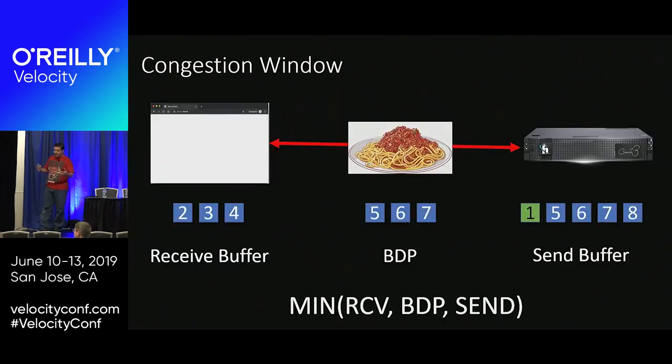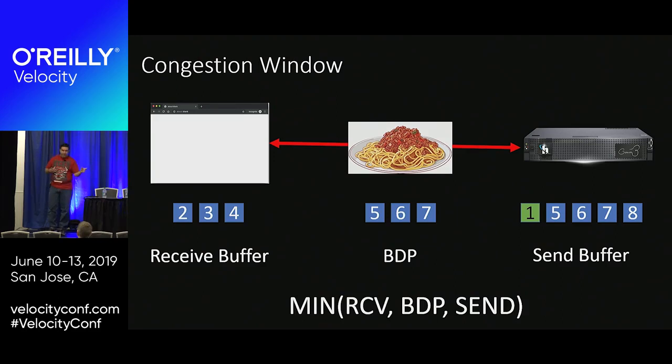And so for a given TCP connection, the congestion window, which is how much data either side can have in flight at any given time, ends up largely being the minimum of the receive buffer, the send buffer, and the BDP, or the estimate of the BDP.